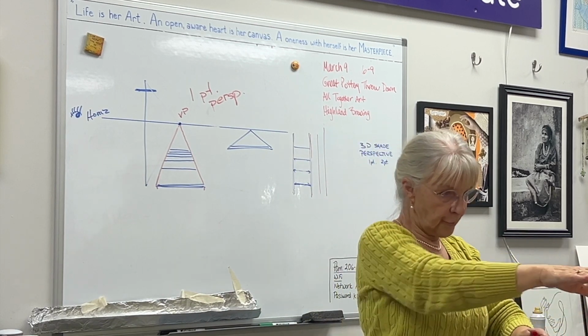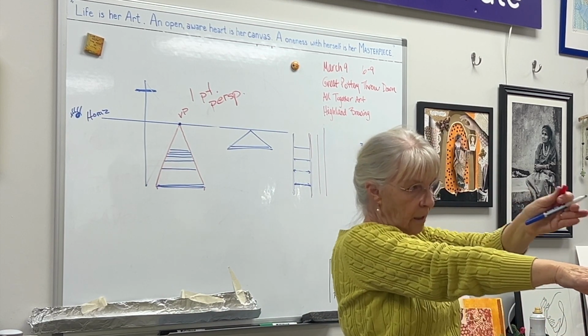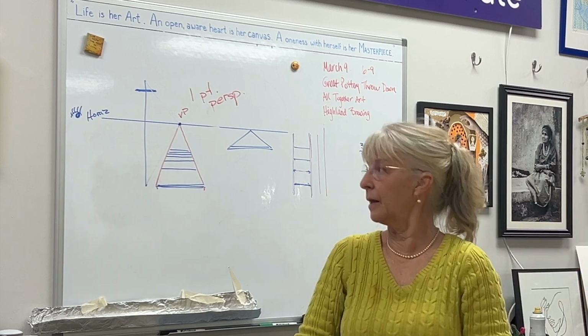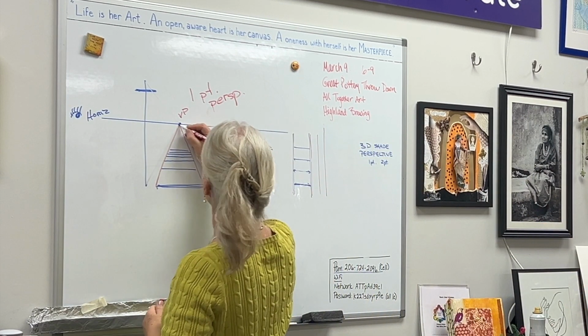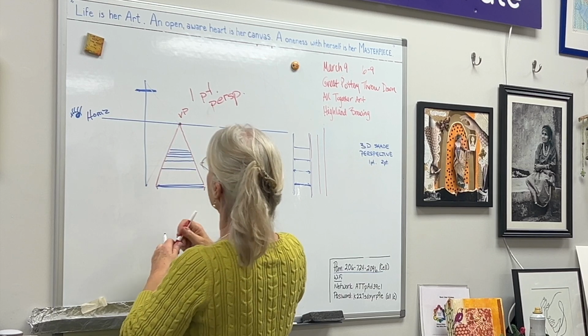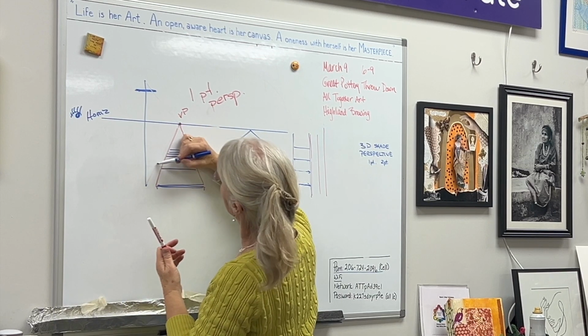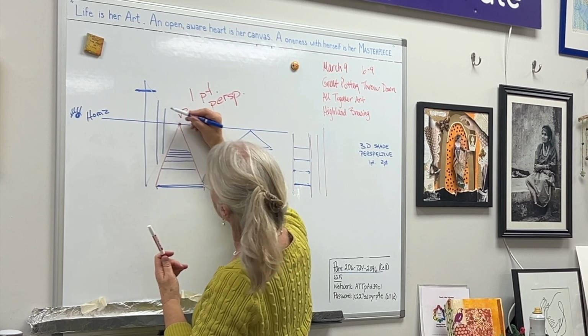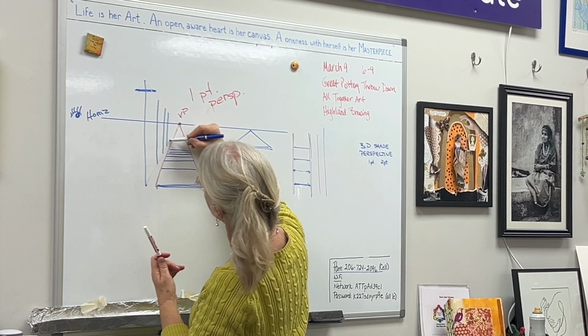So the railroad tracks are here, and the telephone poles are like the side of a cube. They're parallel. So all those parallel lines are going to come to this vanishing point. There's the base and the top, the base and the top, the base and the top.